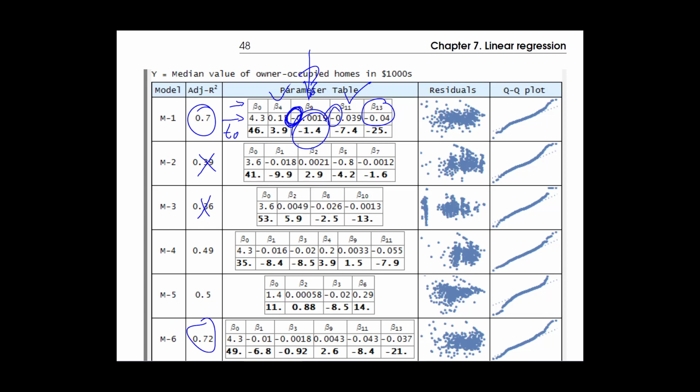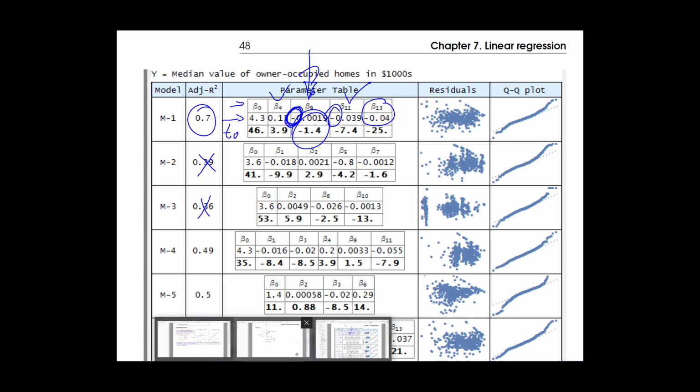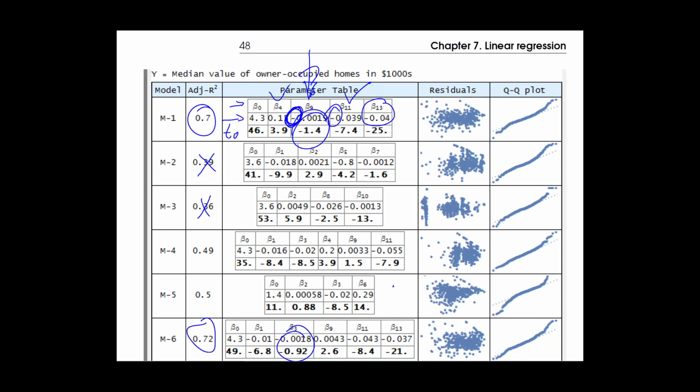Let's keep going. The one in the bottom, I don't like that one either. That's a very small t-value, 0.92. All the rest are fine. Let's assume that the signs are okay. In this one, the sign of beta 9 is positive, so I'm liking this model better.